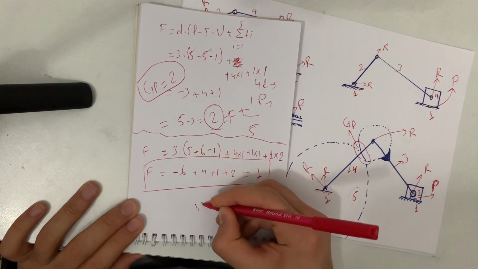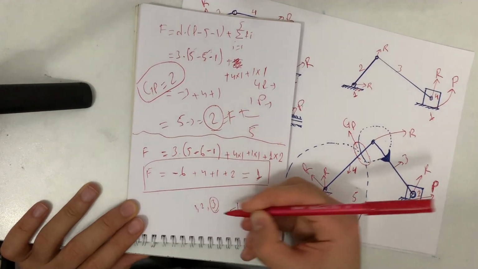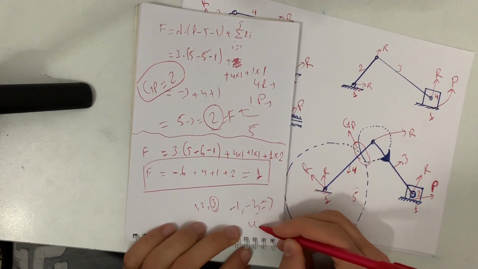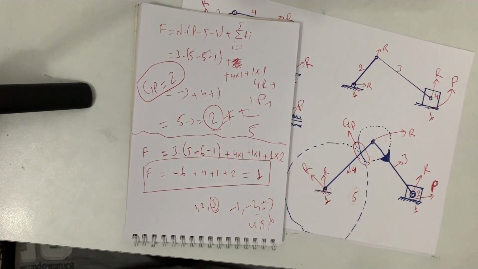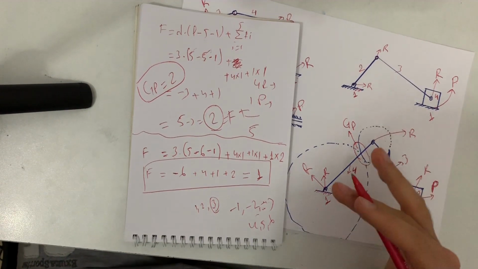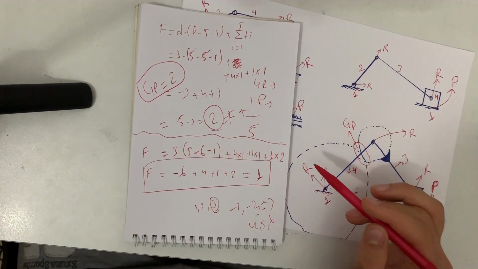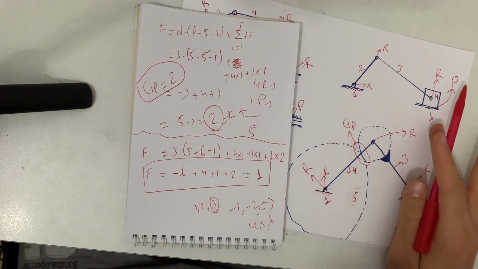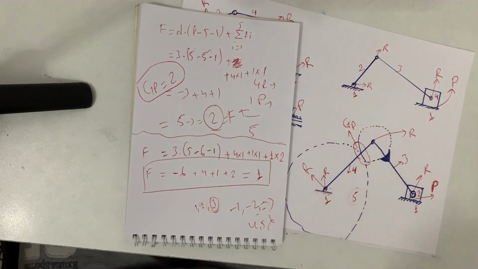So 1 is okay, 2 is okay, and 3 maybe sometimes you can find, it's possible. But if you find 4, 5, 6, it means, guys, you should do your calculations again. It has a really high possibility of being a wrong solution. So 1, 2, or sometimes 3 is okay for the degree of freedom of mechanisms.